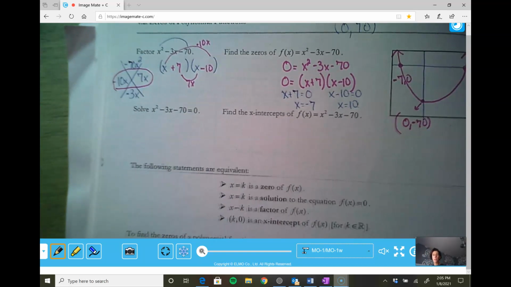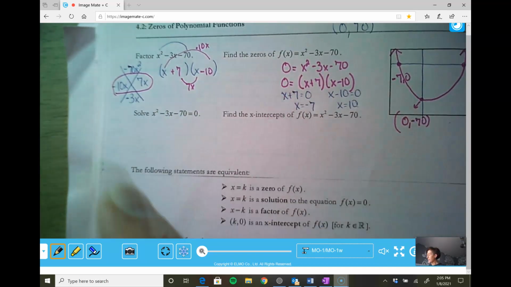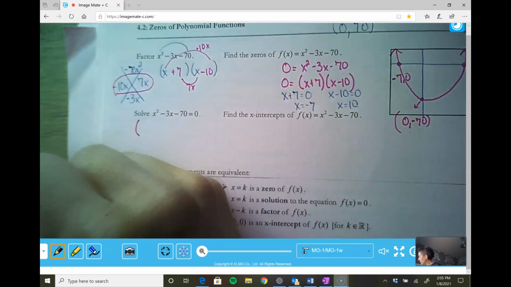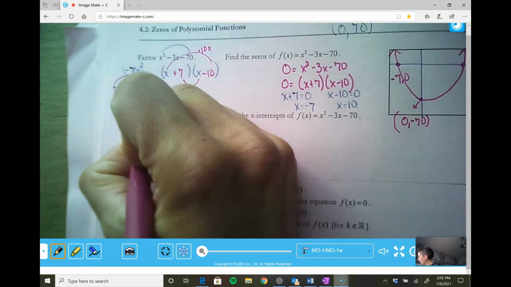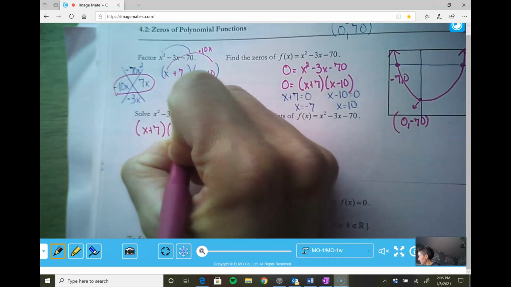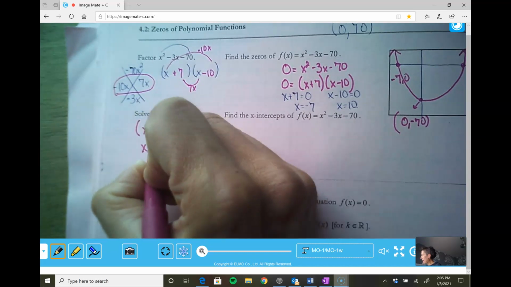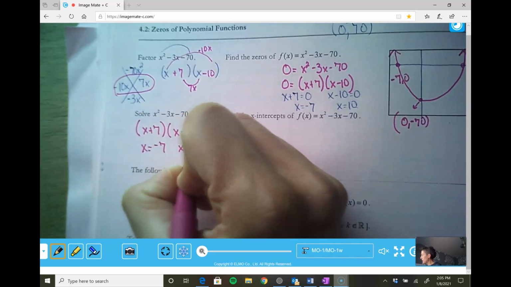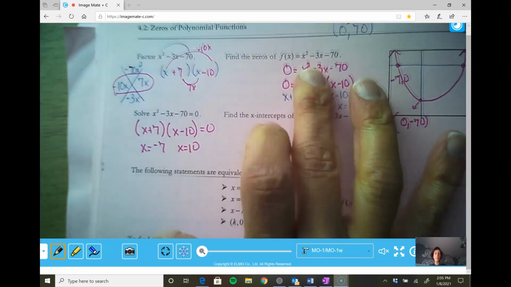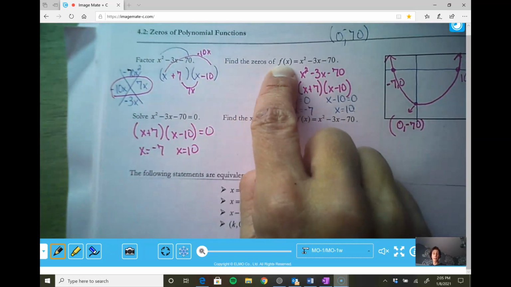All right, so just looking at the rest of this, finding the zeros is essentially the same as solving. You would basically just factor this down. Let's go back to what they were. And then you would set each factor equal to 0 and solve. So what might be the difference if these look so different is that with zeros, you have to put the 0 in.